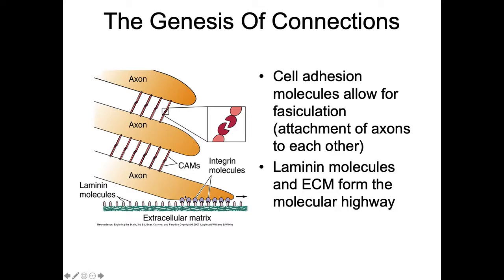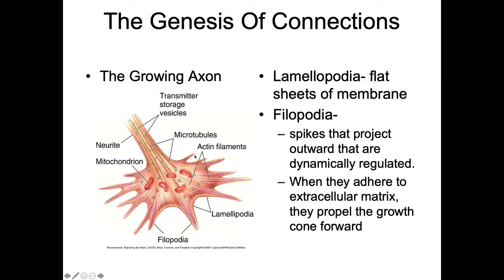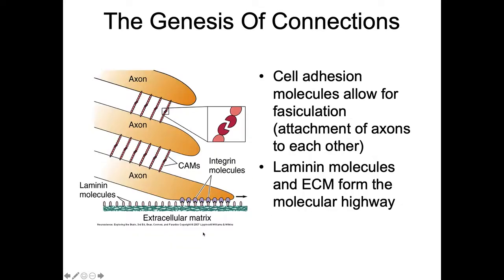We have integrin molecules that are presented by the axon that then connect to the laminin molecules, ultimately allowing adherence to occur. And that's just one of these guys that we're talking about. So here's the axon, and here's where it's sticking. Some of these filopodia are getting some traction, and that's what's being depicted here.